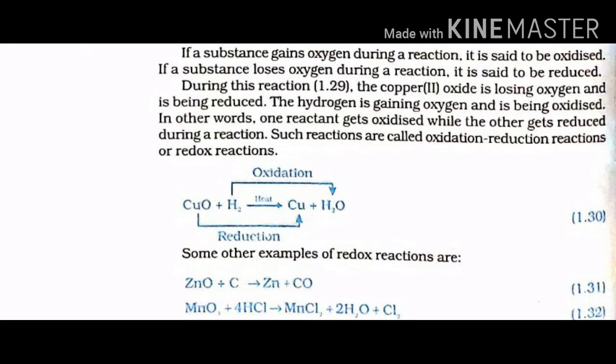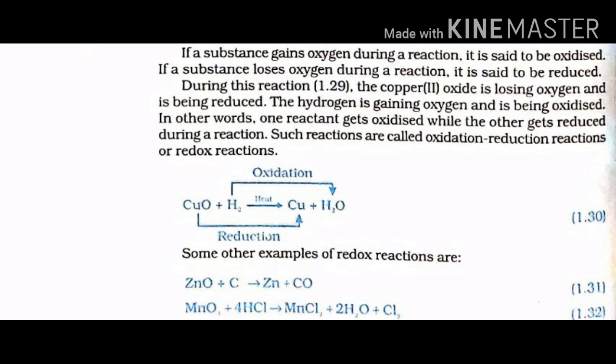If a substance gains oxygen during a reaction, it is said to be oxidized. And if a substance loses oxygen during a reaction, it is said to be reduced. Look at the equation. Here, the copper 2 oxide is losing oxygen and is being reduced. The hydrogen is gaining oxygen and is being oxidized.